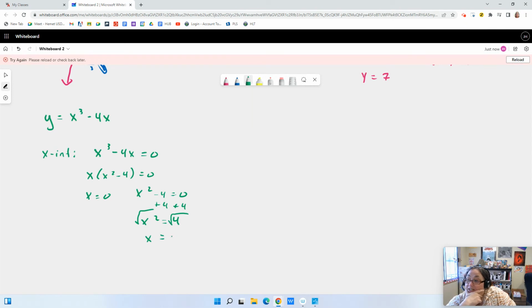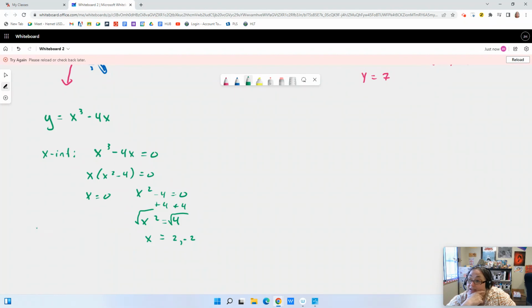And Kevin already stated that the square root of 4 is 2, but what else is it? If I multiply -2 times -2, don't I also get 4? Remember, it was plus or minus. So it's 2 or -2. So we have three intercepts.